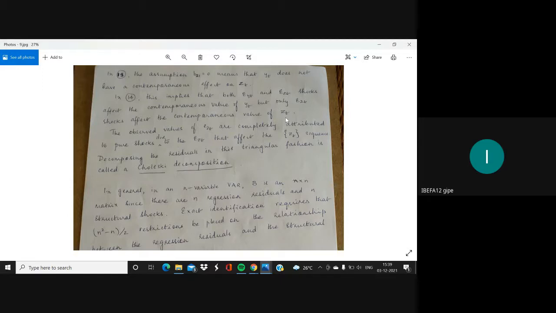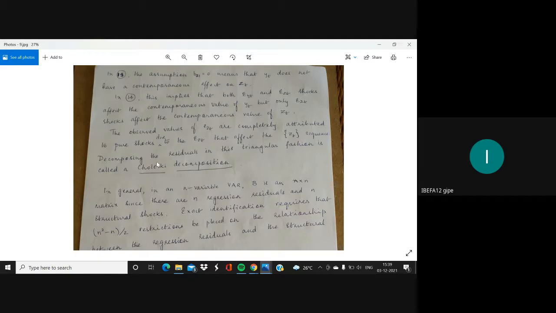Because of this restriction, E2t is completely reflecting what happens to the structural error terms. And these will be affecting the Zt sequence directly, whereas epsilon Yt will not be affecting the Zt sequence. So decomposing the residuals in this triangular fashion is called a Cholesky decomposition.